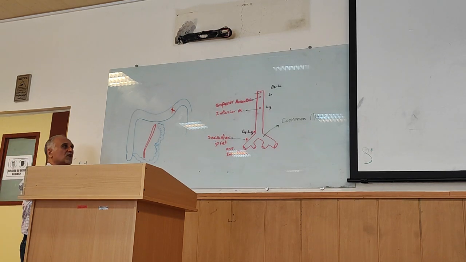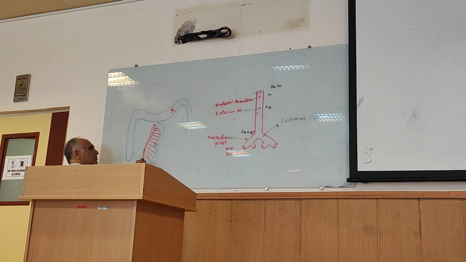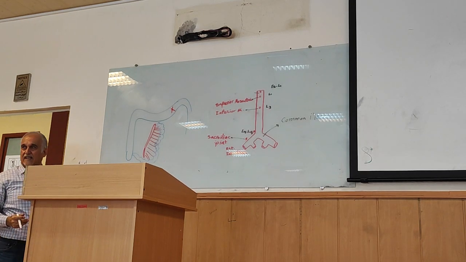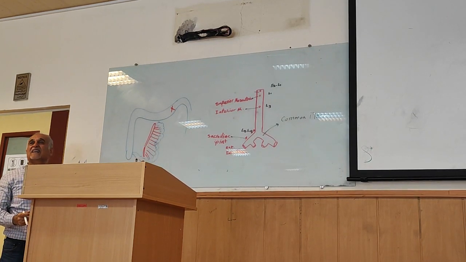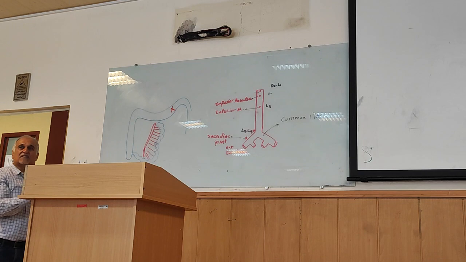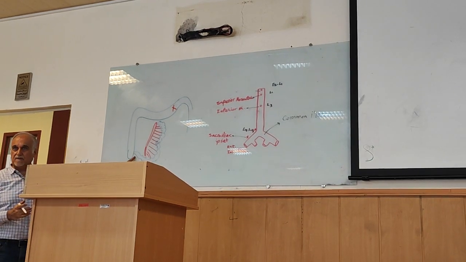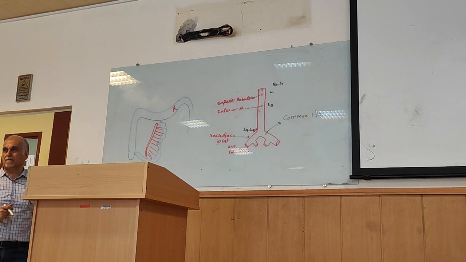A lot of branches separate from the left side of the superior mesenteric, like this, and supply all the jejunum and ileum except this part. This part I told is 50 centimeters remaining to being finished, okay? Till this part is finished.